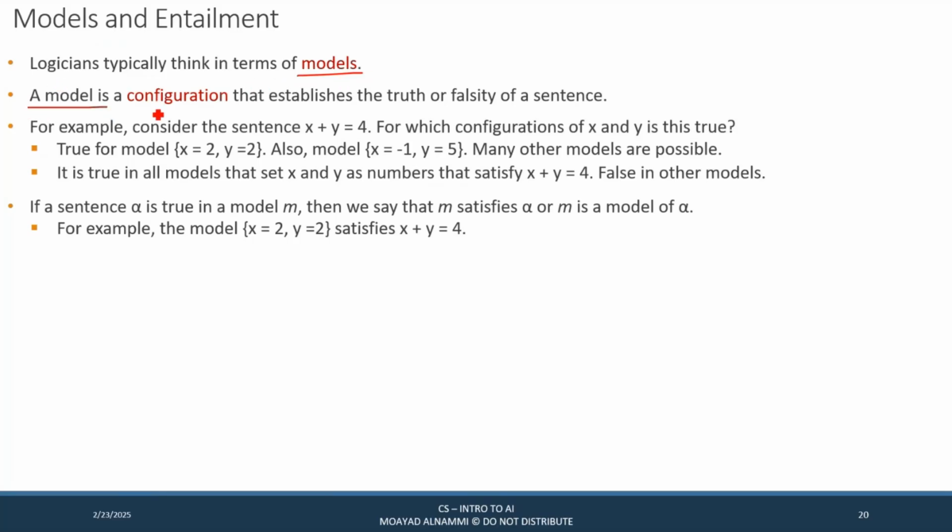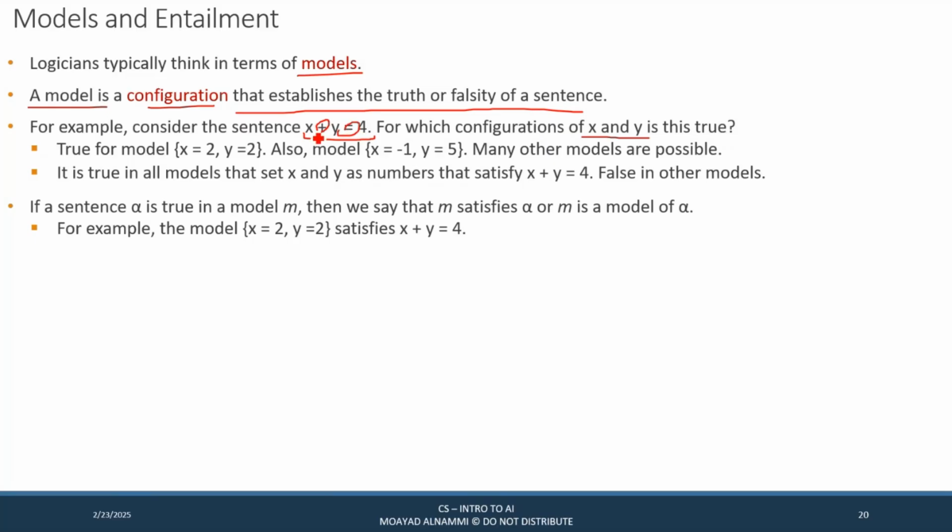A model is a configuration of the variables involved that establishes the truth or falsity of a sentence. For example, if we look at this arithmetic sentence, x plus y equals 4, which configurations of the variables x and y make it true? Of course, we mean in the semantics of what we mean by plus and equality, right?